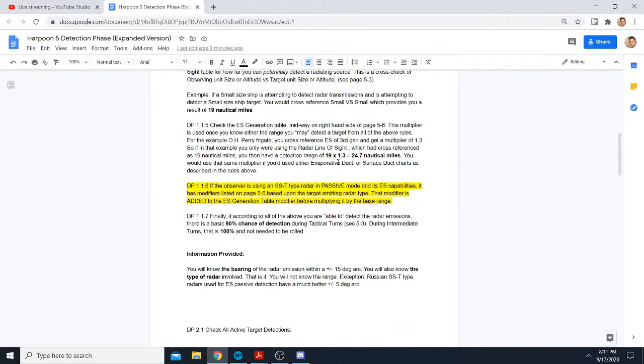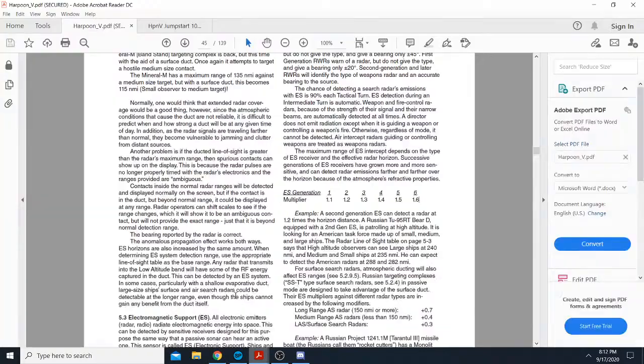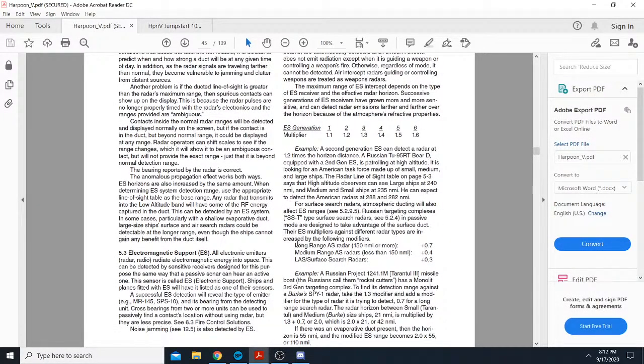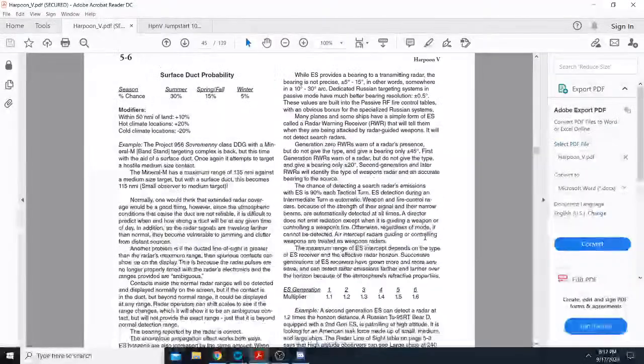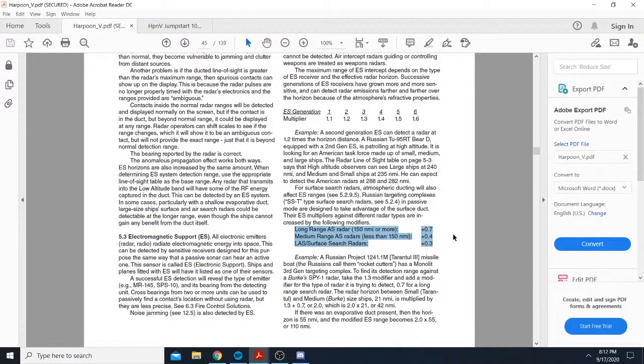But if for some reason that O.H. Perry had an SST radar, which it wouldn't, you would get an additional boost to that generation, which is right here on the right hand side of 5.6. There's a slight additional boost based on the target type.